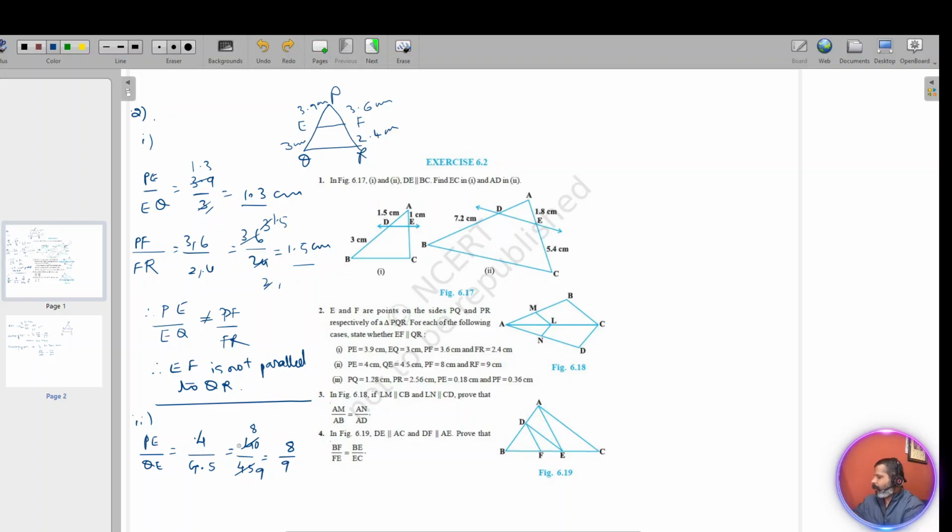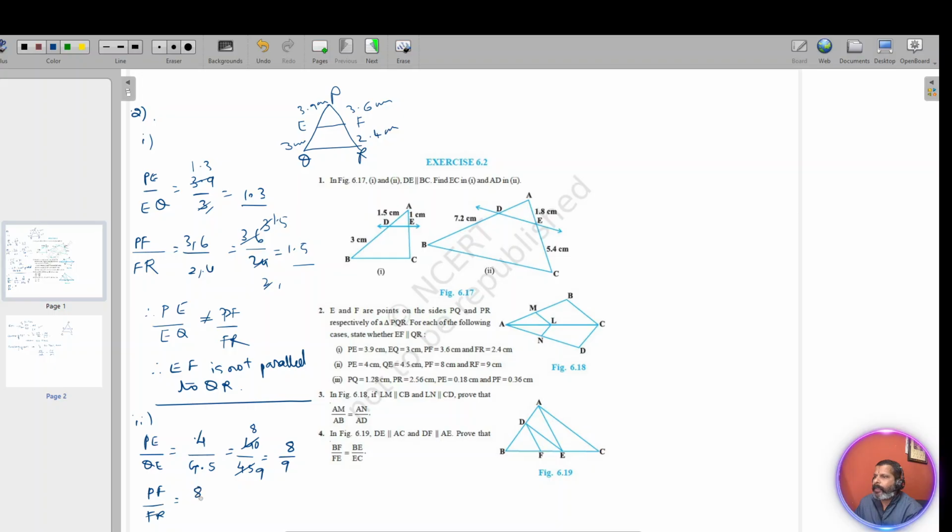The ratio will not have units, okay. Then the other part you take, which is PF by FR.